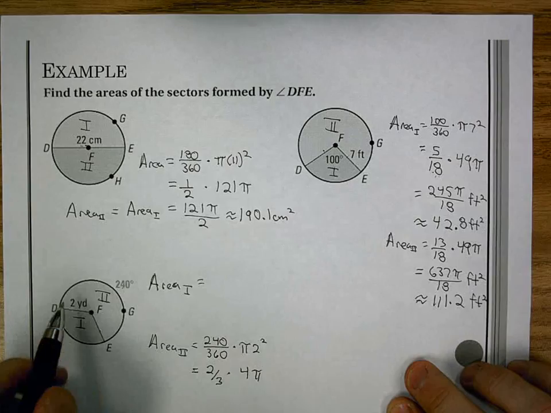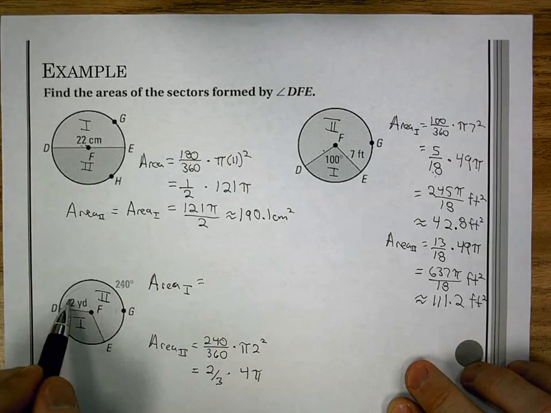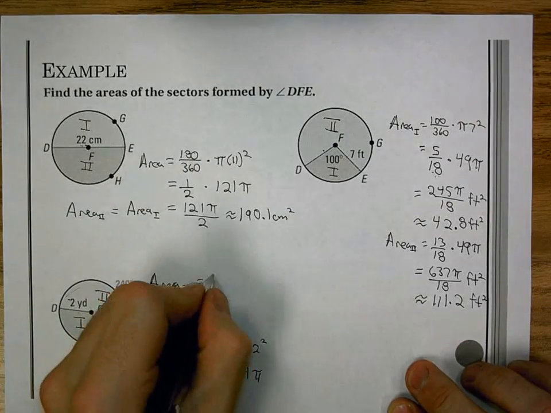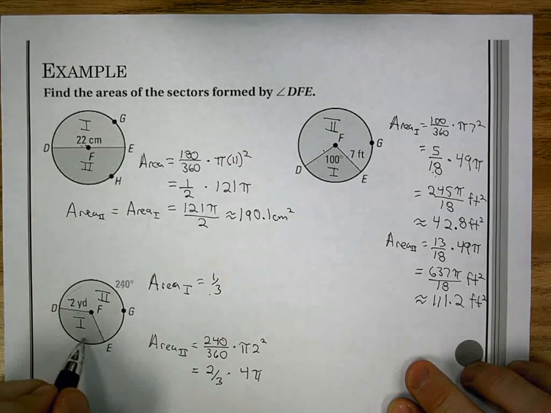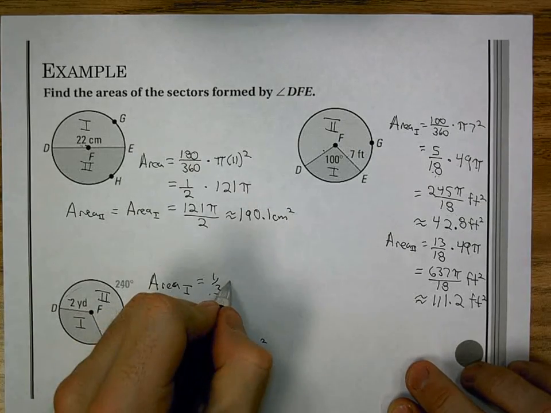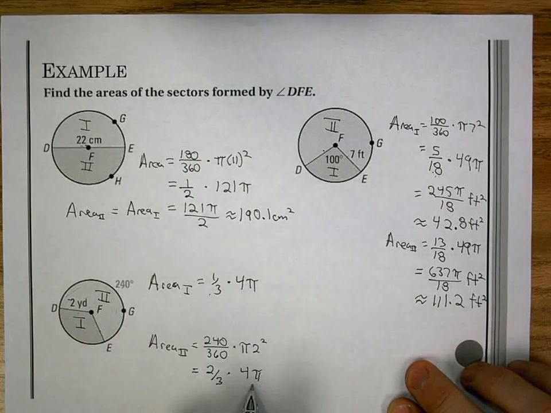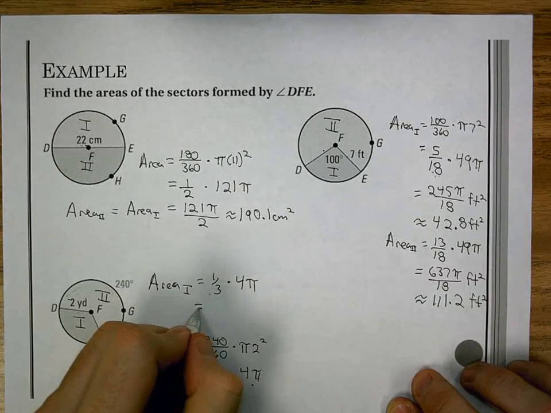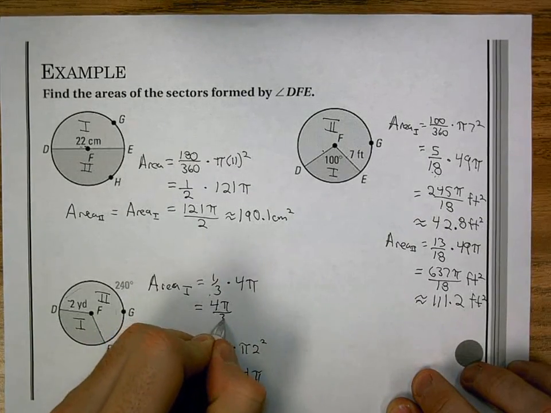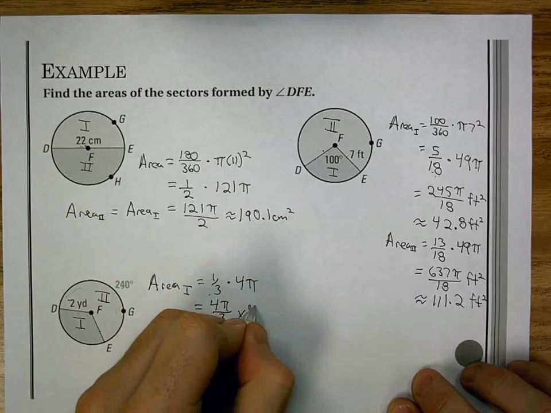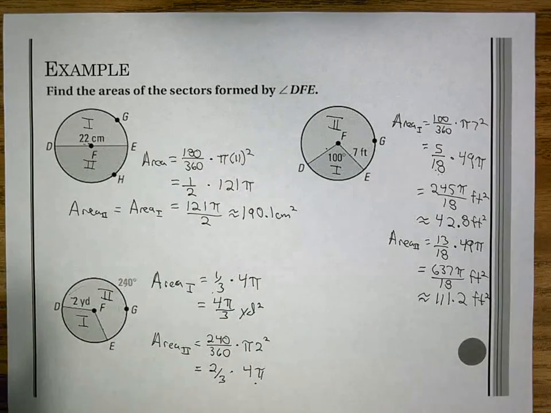So that is actually 2/3 of the circle, which means this one is 1/3, or 120 degrees here. Now it's also going to be 4 pi, like the one we have there. That makes it 4 pi over 3 yards squared for sector 1, which is about 4.2.